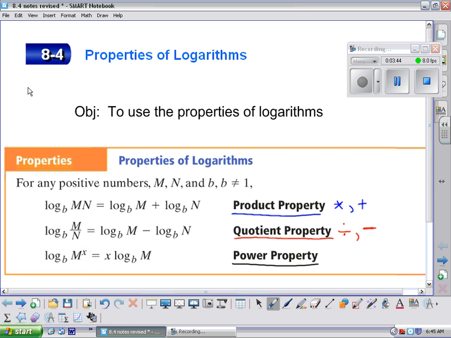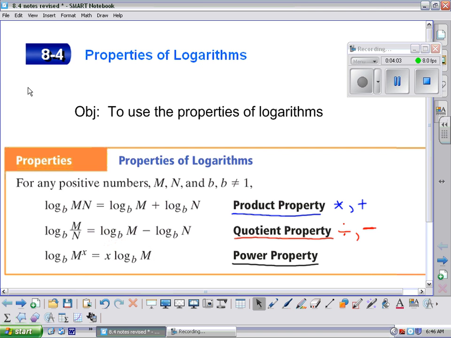In other words, take the number out to the front, and you end up with x times the log base b of m. And once you're in the statement on the right, all your rules for algebra apply, so you can go ahead and solve for x. You'll use that quite a bit.